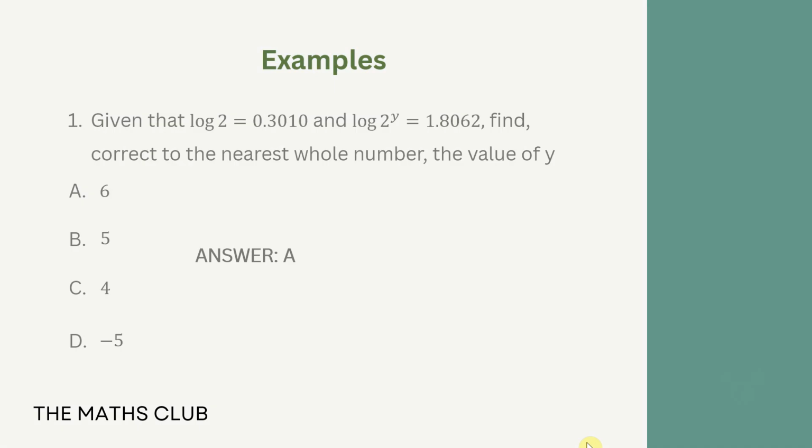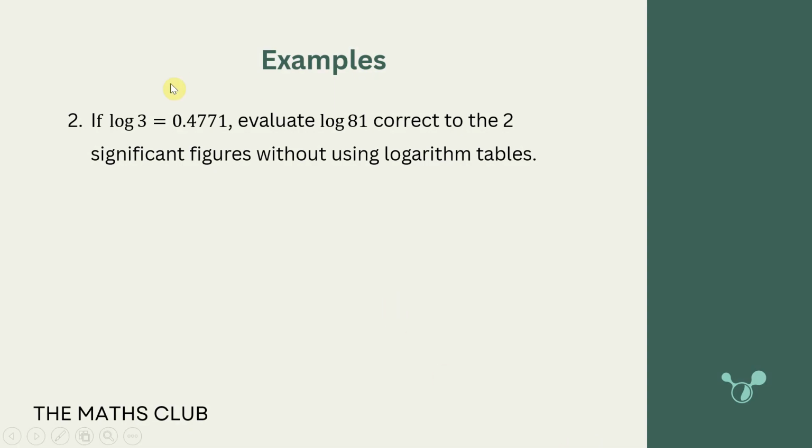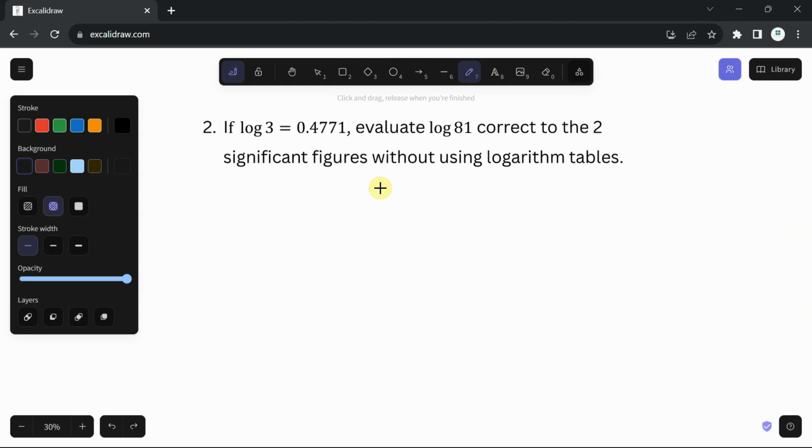Great. Now this next question says that if log 3 is equal to 0.4771, evaluate log 81 correct to two significant figures without using logarithmic table. We know from the laws of logarithm that we can break this log 81. How? We know that 3 raised to the power of 4, 3 times 3 times 3 times 3, is equal to 81.